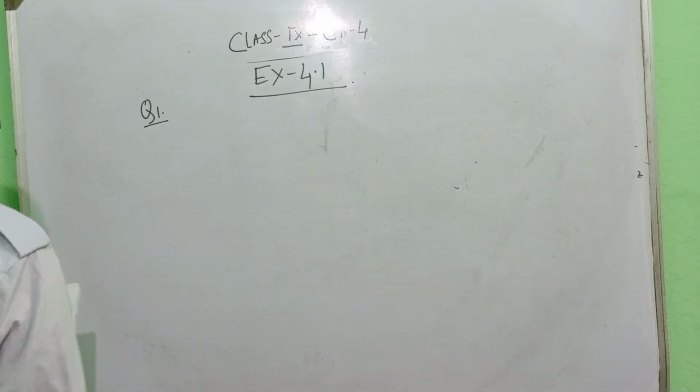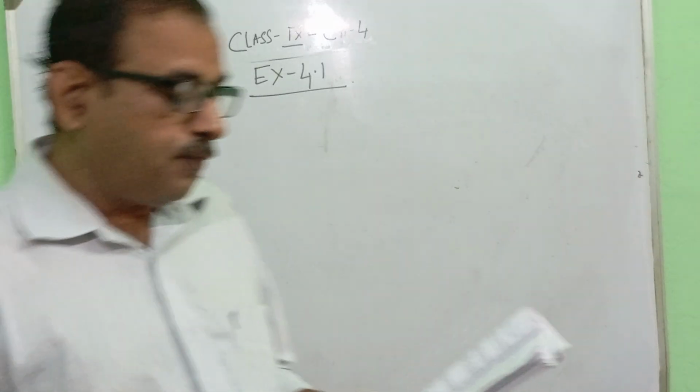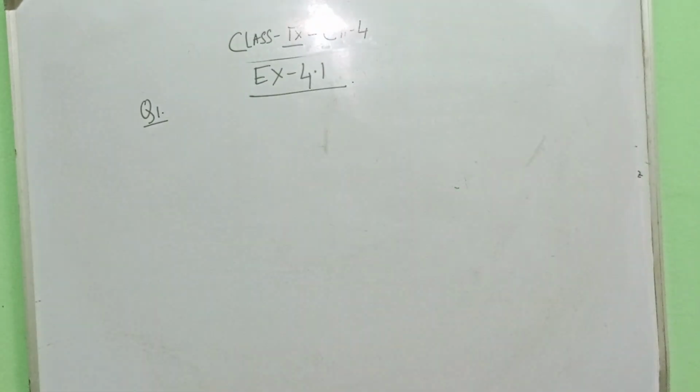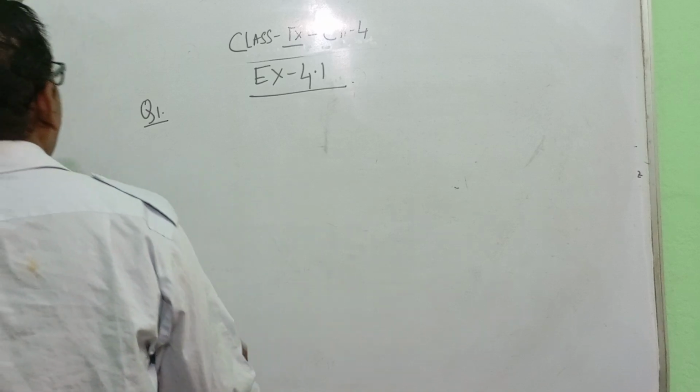Now question number 1. They have said that the cost of a notebook is twice the cost of a pen. So when these things are coming, what are the variables?